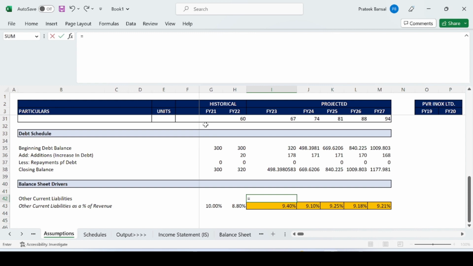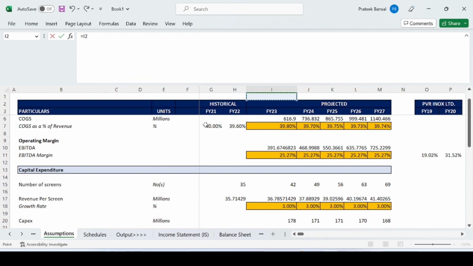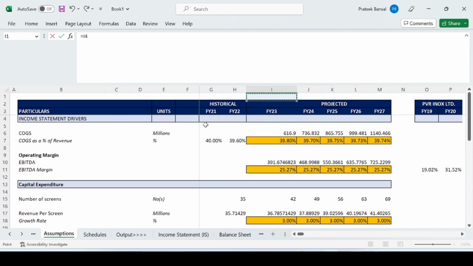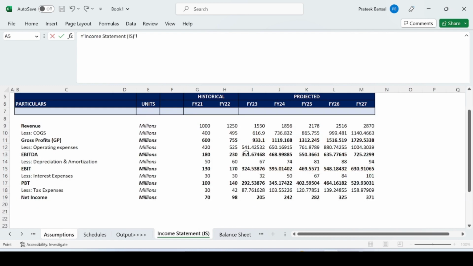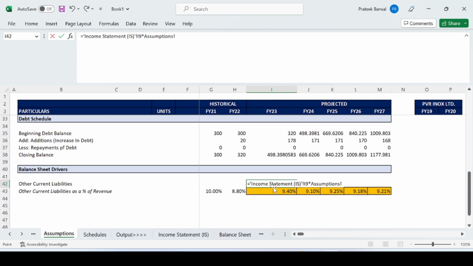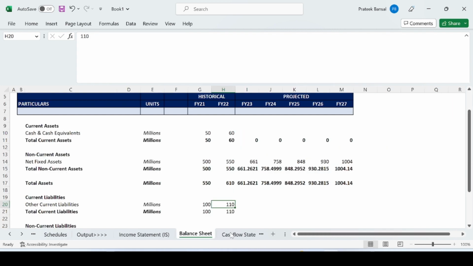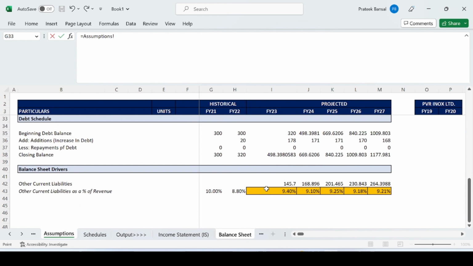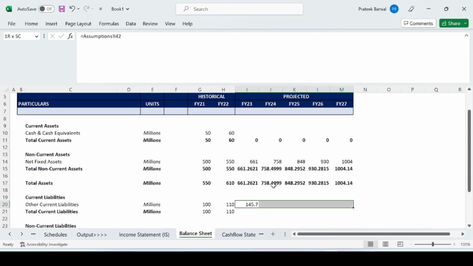So if we want to calculate the OCL, we can link our revenue from our income statement, that is this, and multiply this with our assumed average OCL as a percentage of revenue so that we get our OCL. So this is our OCL and we can directly link this OCL from assumptions from here. All right, we got this.